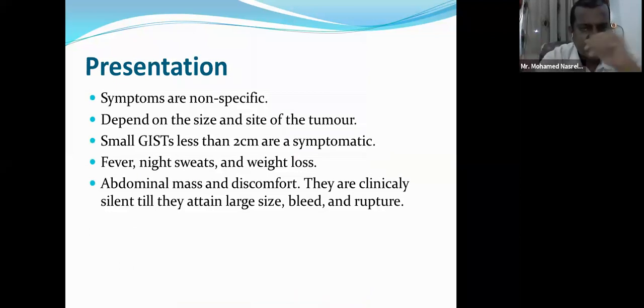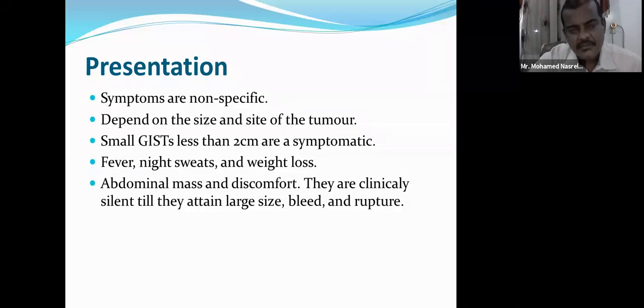Here we can discuss gastrointestinal stromal tumors in general. The presenting symptoms are non-specific. Generally speaking, the symptoms of tumors depend on the size and the site of the tumor.